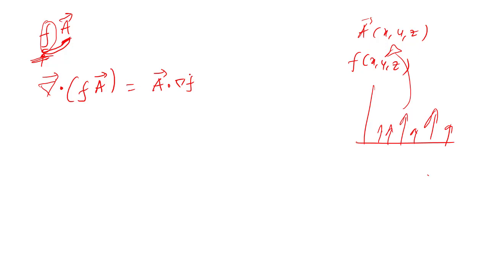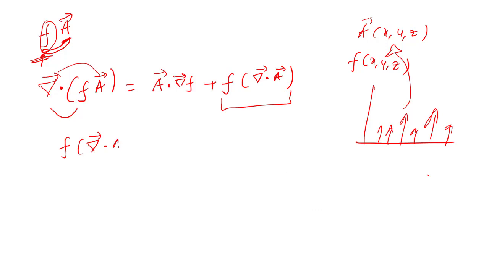We're simply doing by parts, or the chain rule, plus f times divergence of A, right? First it operates on f, then it operates on A. So then I can rewrite this as f times the divergence of A. I apologize.